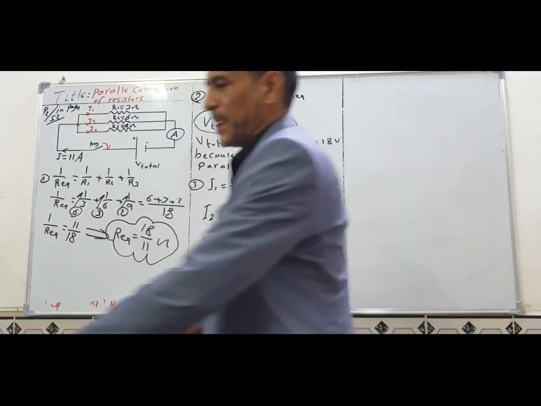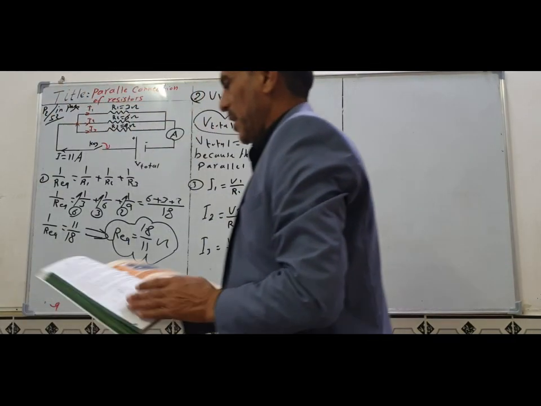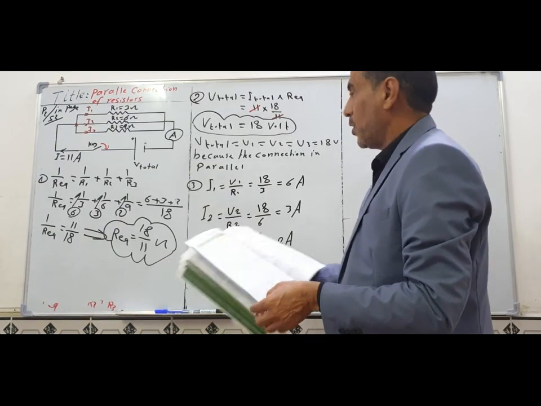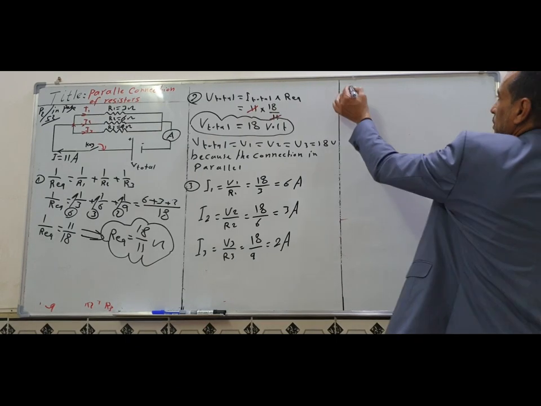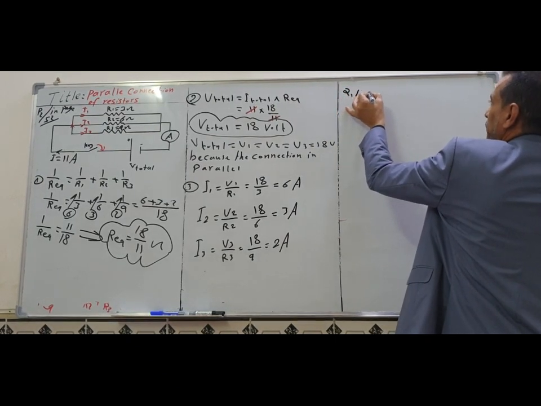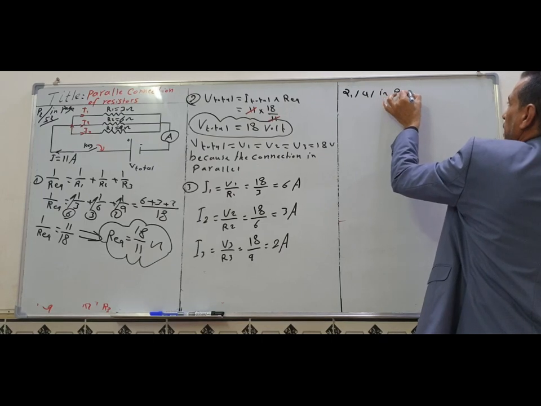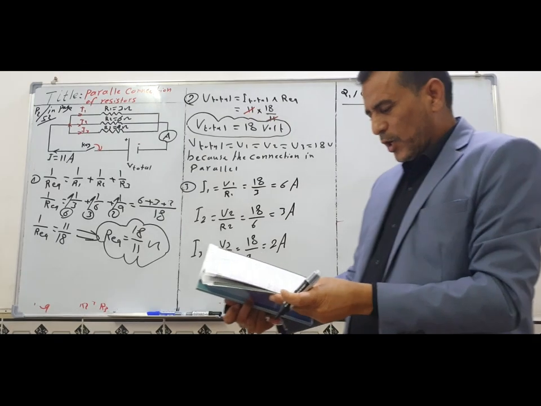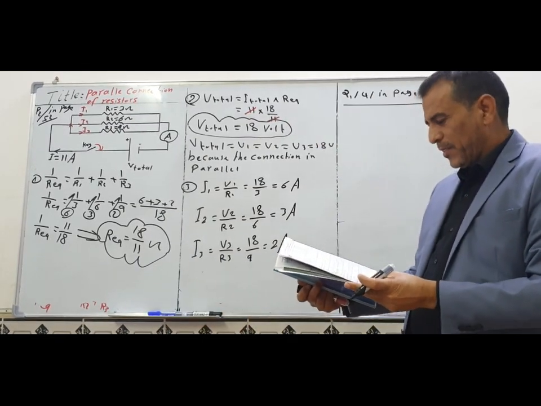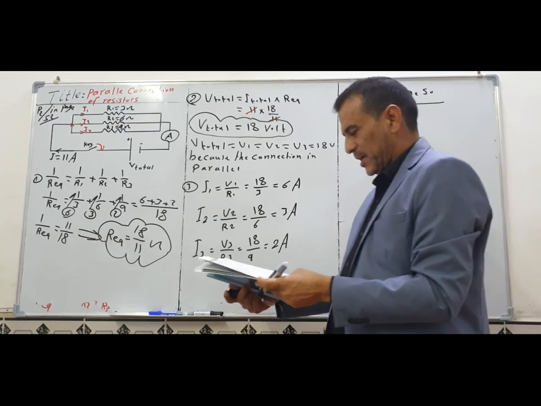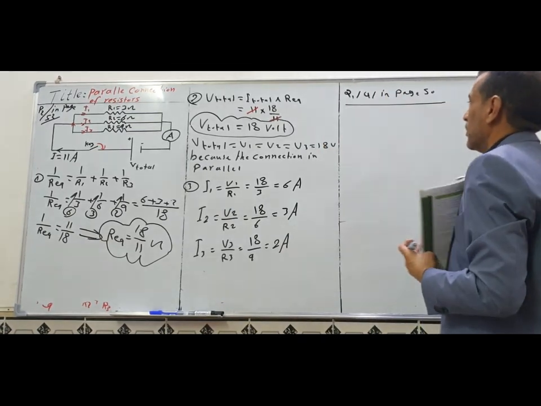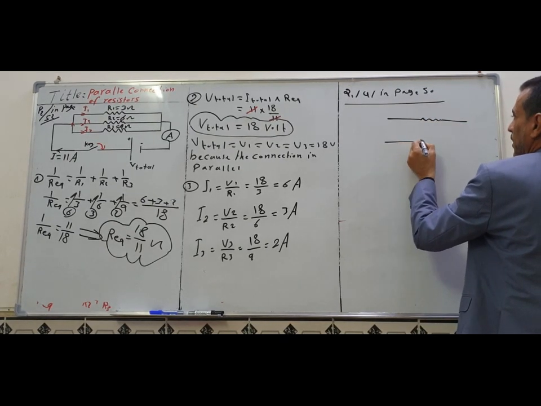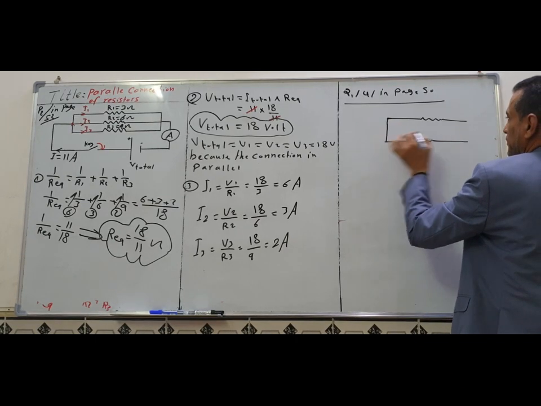Now, in page 50, question 1.4. The amount of electric current which flows in the resistance in the electric circuit given below equals... This is the diagram of the electric circuit.